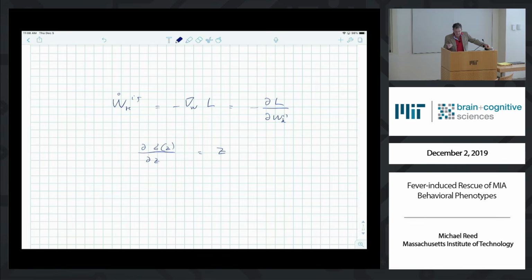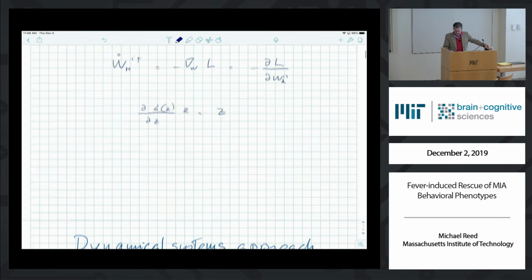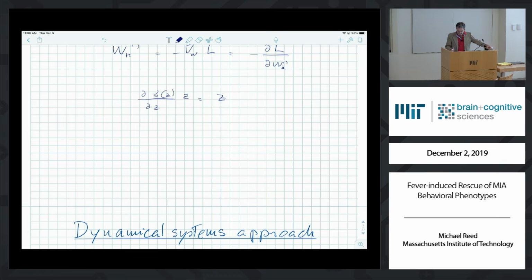This is the same as if I take the derivative of just z multiplied by z here. And there are interesting properties that we'll use because of this, called homogeneity of the ReLU function.